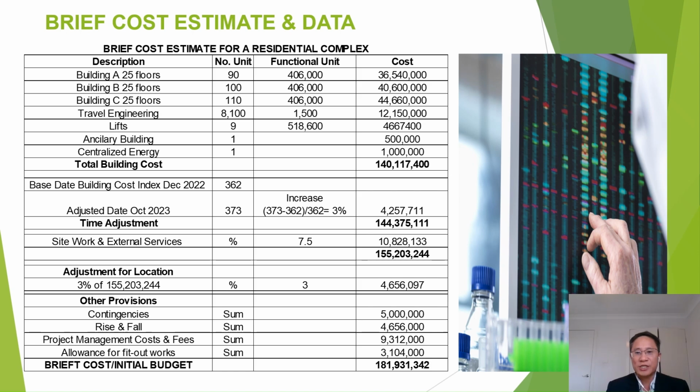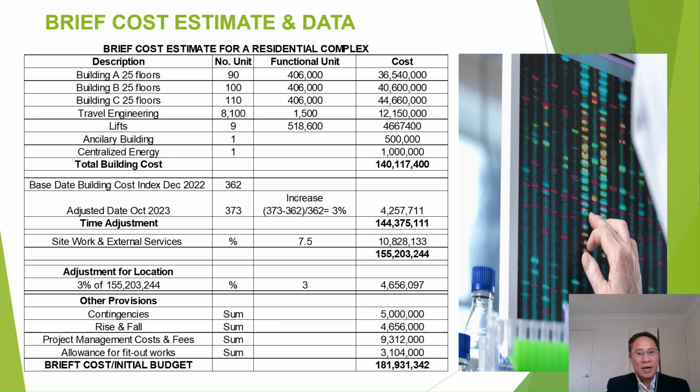We have just the requirements for the new development, such as the size, the levels of finishes, and the total areas of the new project. With that limited information, we cannot do a more accurate cost estimate. So in this situation, we will prepare a budget, or what we call brief cost.